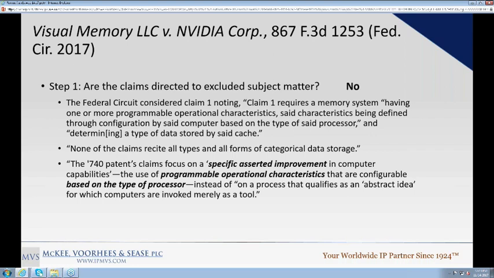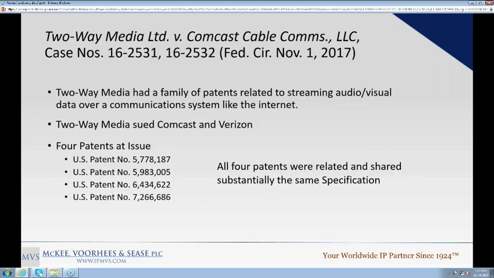They focused in on what this data goes with, what type of processor this works with. And the court said they had enough specificity that it wasn't an abstract idea. It wasn't just any kind of data. It was a specific kind of data, and it was specifically tied to certain processors. So Visual Memory survived the first prong. It didn't have to go to the second.